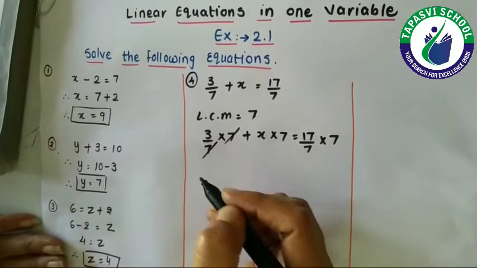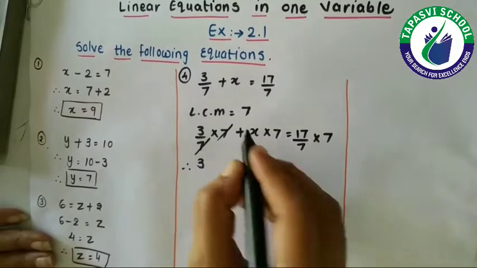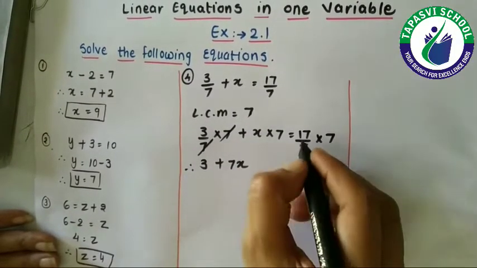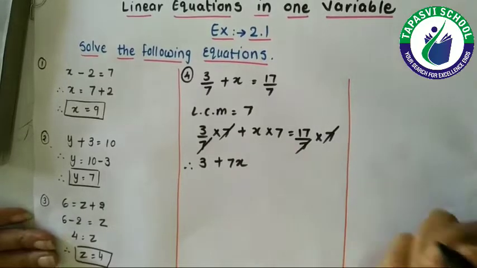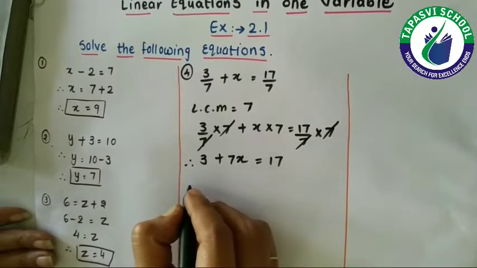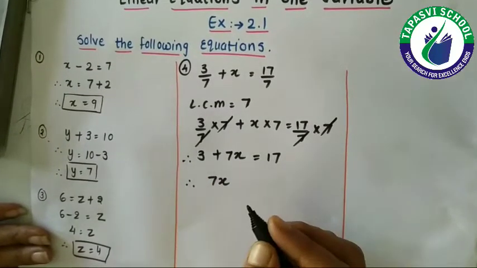Here 7 cancels, so it will become 3. Here 7 into x, that will be 7x. Here again 7 will be cancelled, so is equals to 17. Therefore 7x will become the object.